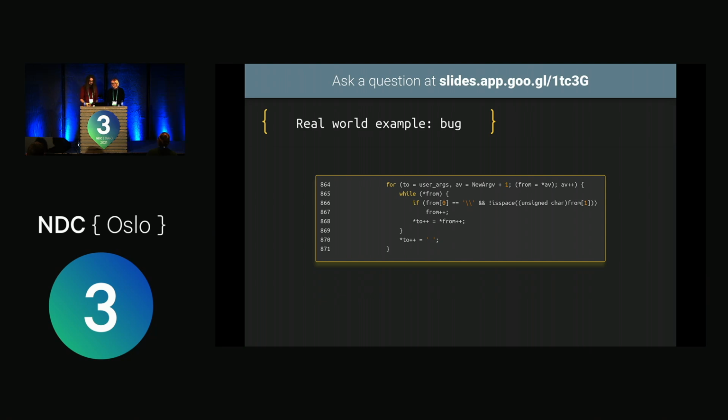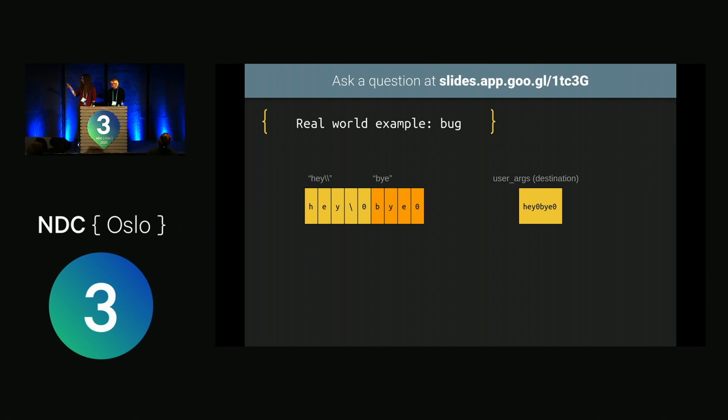Yeah, there's the clicker. So this is how it could look in memory. If we imagine that on your left-hand side, we have these two strings, hey, with a backslash at the end, and then bye. And for some reason, they're stored after each other in memory. If we look at the result of this operation on your right-hand side, you'll see that we copy first hey, we get to the backslash, and then we just skip it.